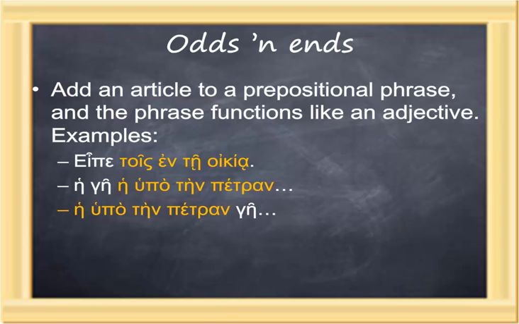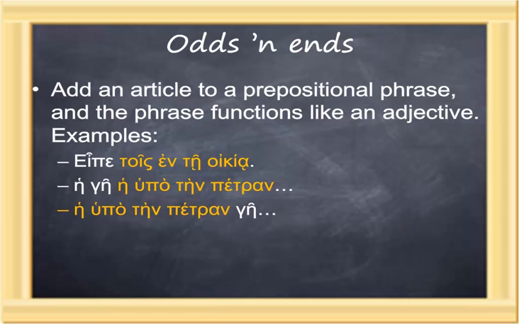The second clause, there is a prepositional phrase, hypo ten petran, under the rock. It too has an article directly in front of it. So it functions like an adjective. But notice it has a noun with which it agrees. So it would be an articular adjective. We might translate this crudely, the under the rock ground.